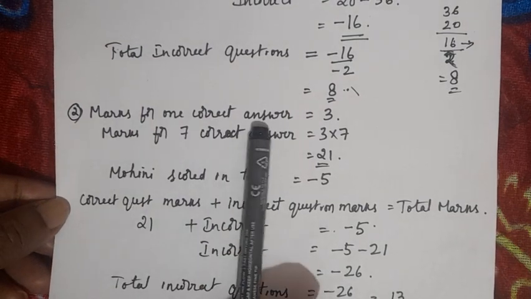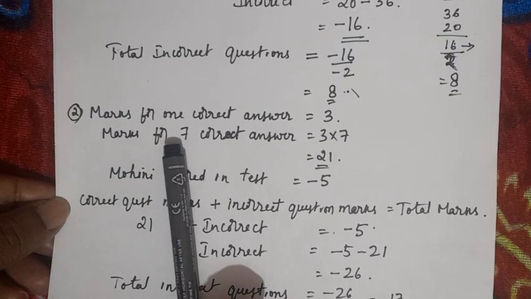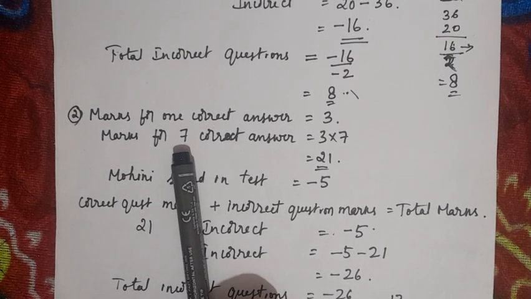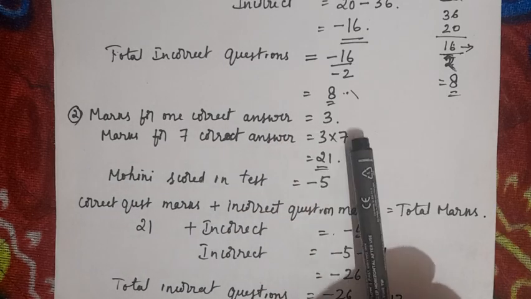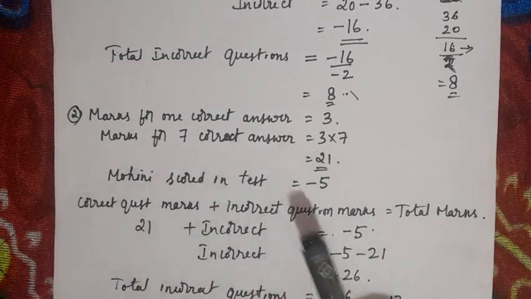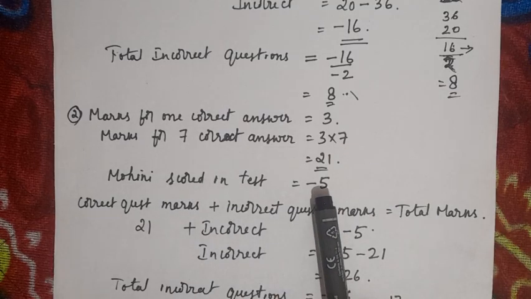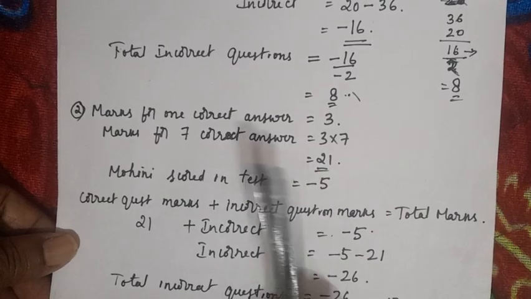Marks for one correct answer is 3. So marks for 7 correct answers is equal to 3 into 7 is equal to 21. So she has to get 21 marks, but she got how much? -5 marks. Mohini scored -5 in the test.